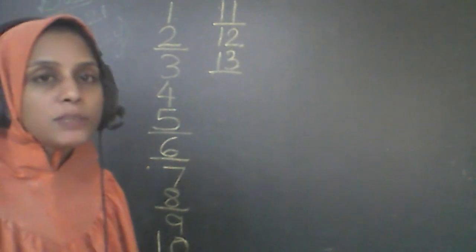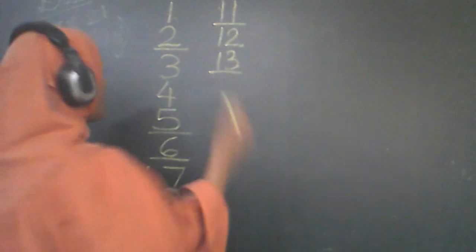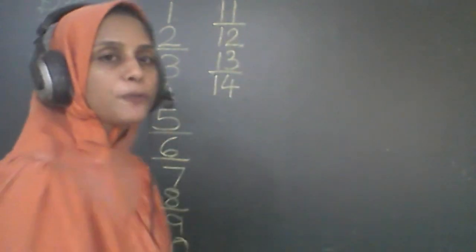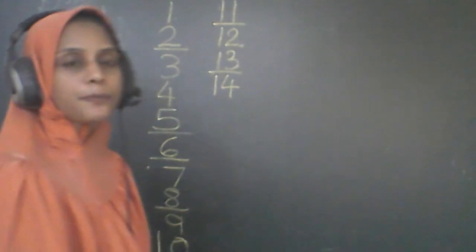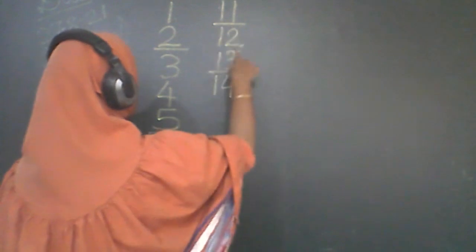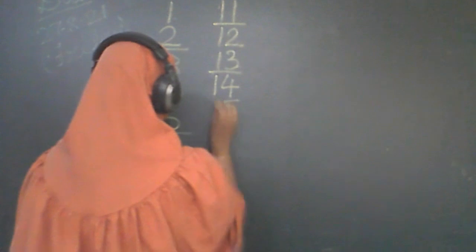The numbers that are missing now, you have to say the counting and write them. Fill it. Then after 13, 14 is already written. 14 is already written in your copy. Then the next number is missing. So 11, 12, 13, 14 and 15.